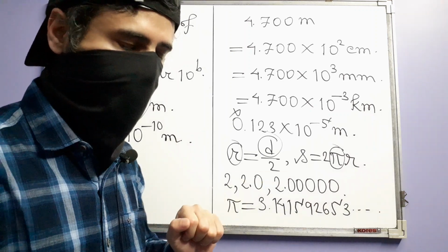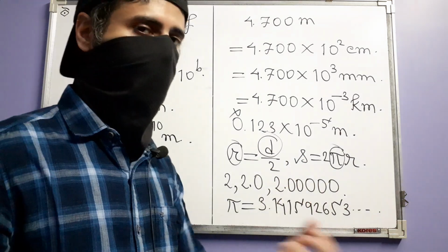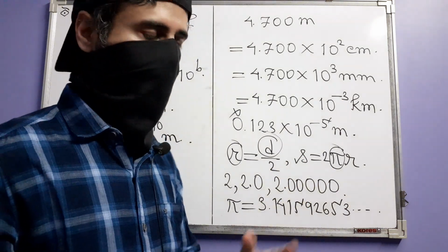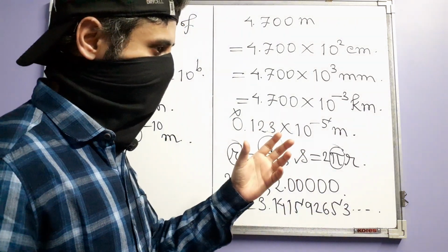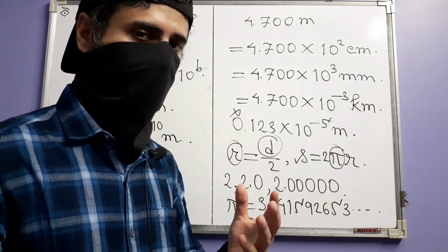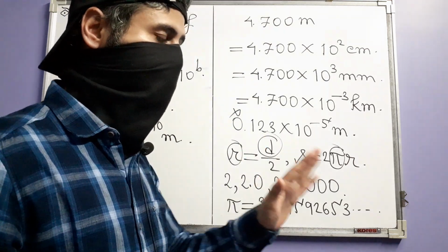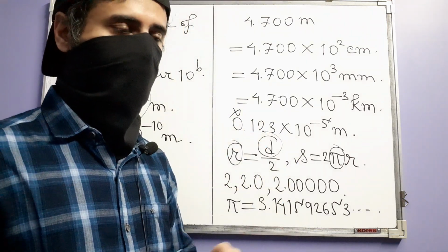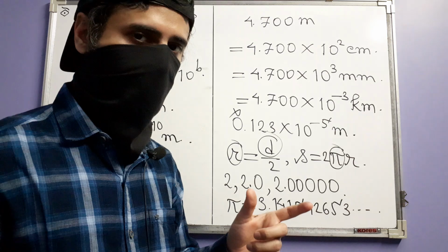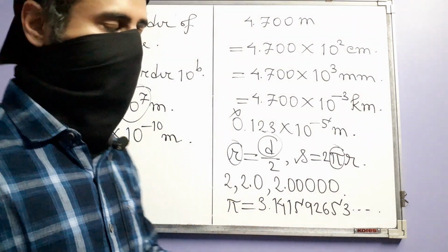Do you see the difference? A physical quantity and a mathematical quantity are two different types of quantities. A physical quantity can be measured only using a device or instrument. Mathematical quantities are not measured like that. They are defined using some rules or axioms.